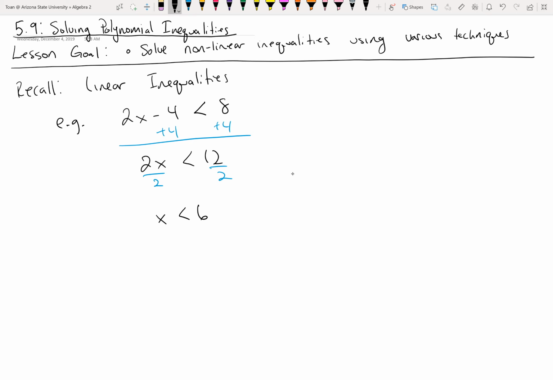Now, we can't do this for nonlinear inequalities because it's difficult to isolate the x when you have multiple x terms.